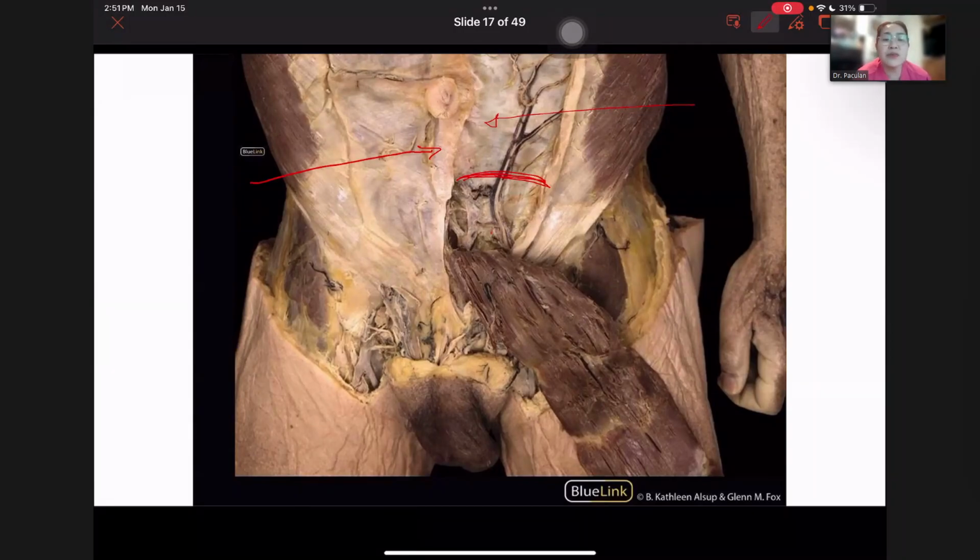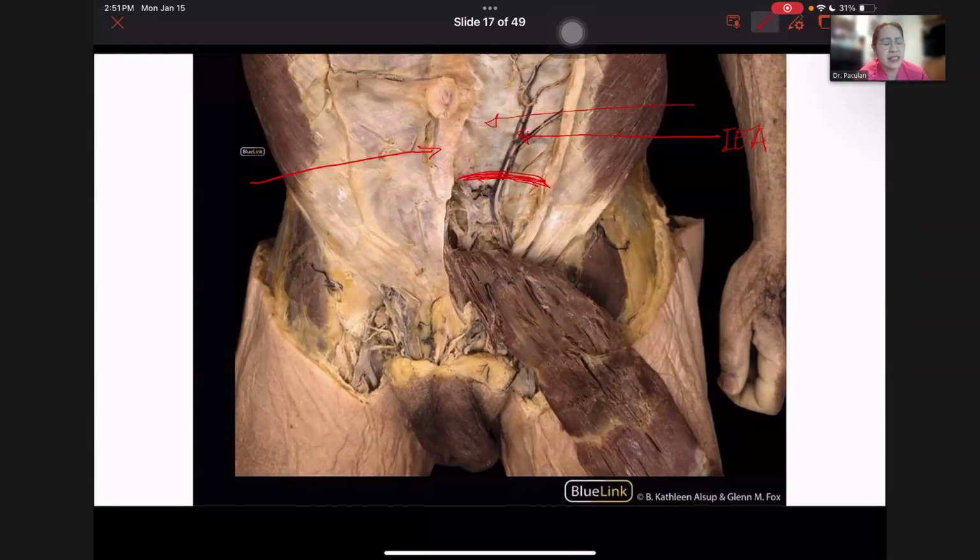Okay, what about this? What is this? This is your inferior epigastric artery. Write it out, no abbreviations. The inferior epigastric artery goes into the rectus sheath, and it exits.